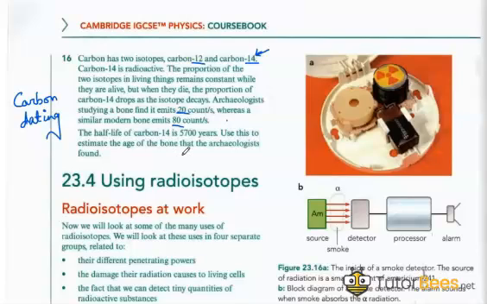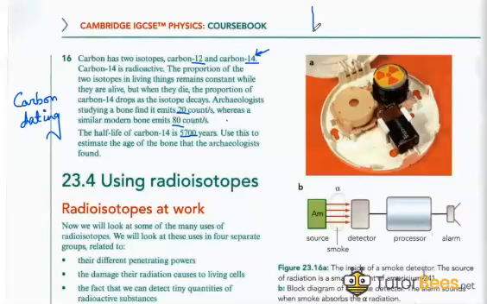The half-life is 5,700 years. After the first half-life, the count rate also, remember, just like the number of atoms decays, the count rate decays in the same pattern.